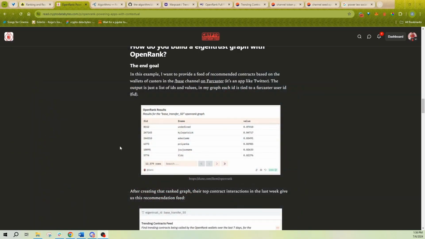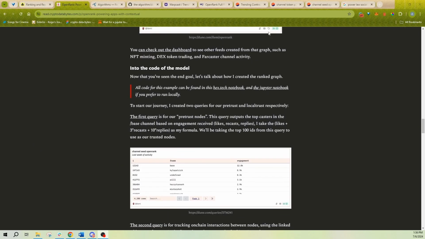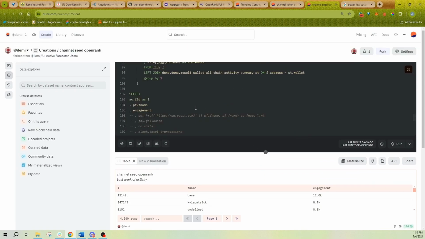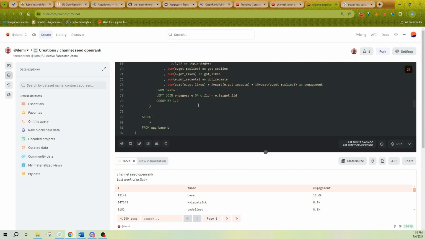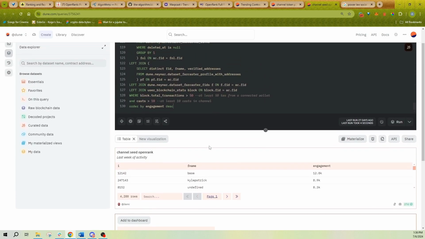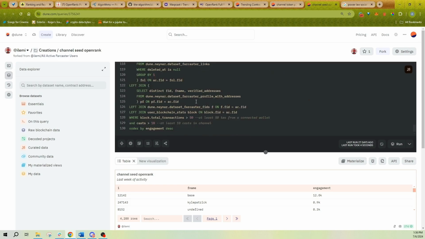Yeah, so with that in mind, let's talk through how I put together my graph. First, I ranked all of the FIDs, the user IDs within the base channel, and you can just look at this query here for how I summed engagement. I wanted to make sure that I was taking the engagement of casters who had on-chain interactions, right? Because if you're actively casting, but you don't interact on chain at all, then you're really not going to be helpful for my graph data set here.